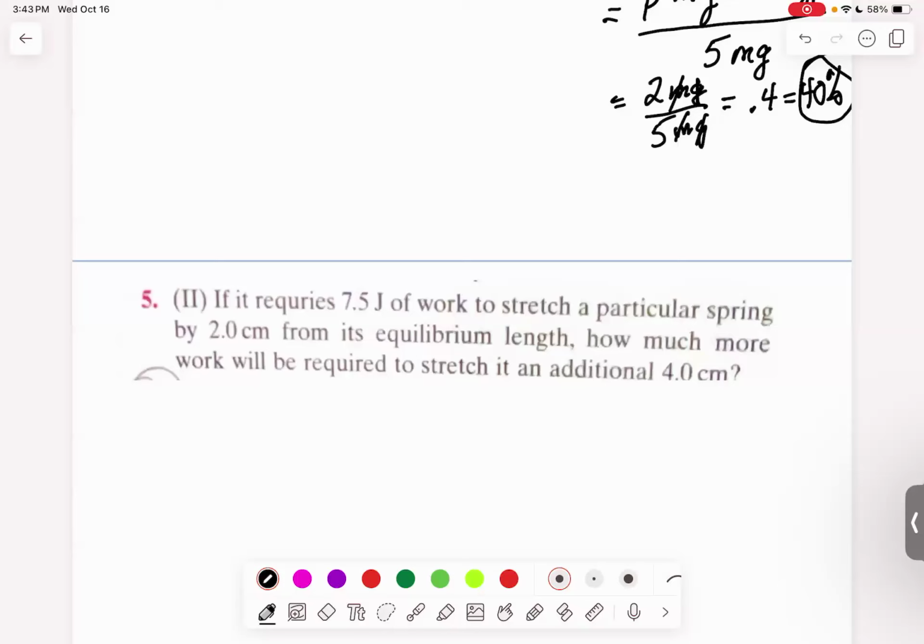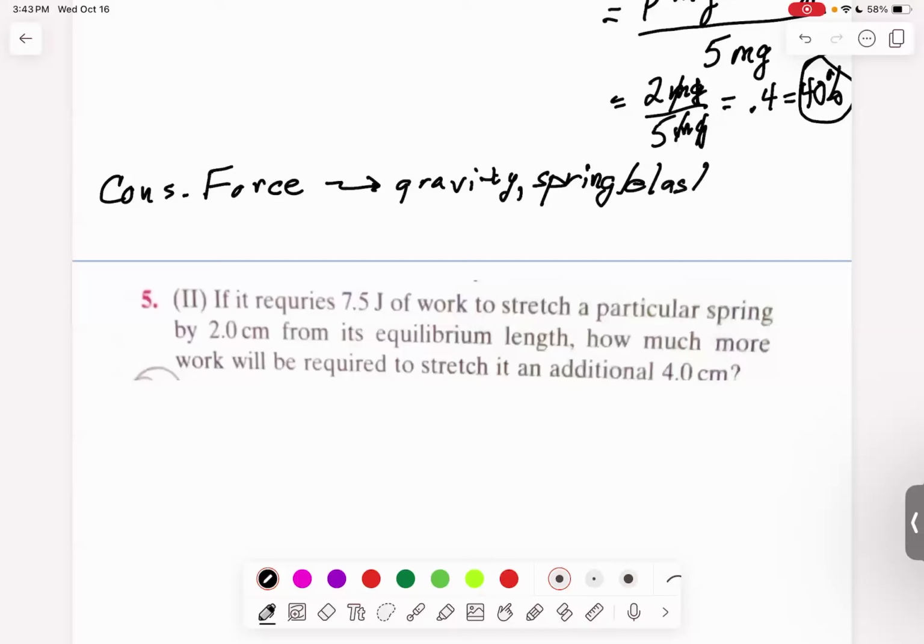But some of the conservative forces that we're going to want to focus on are going to be gravity, the spring or elastic force. Later on in your next class, you'll see the electrostatic force.